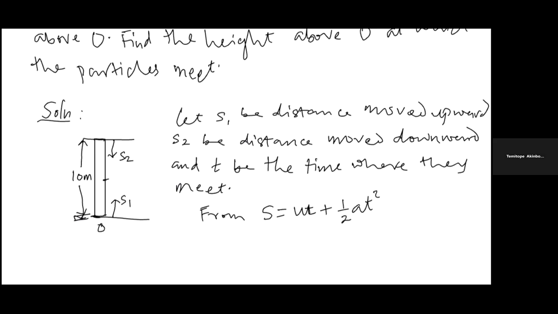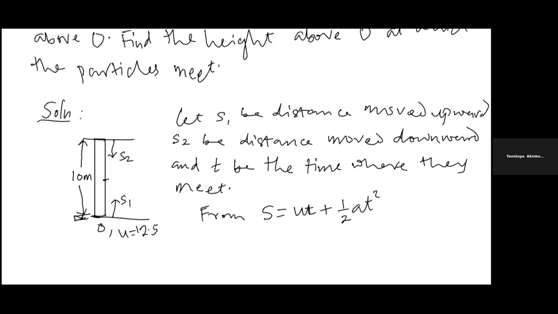From the question, we are given initial speed, U equals 12.5. I'm putting it there because the question says a particle is projected vertically upwards from a point O with initial speed. Hope that is clear.